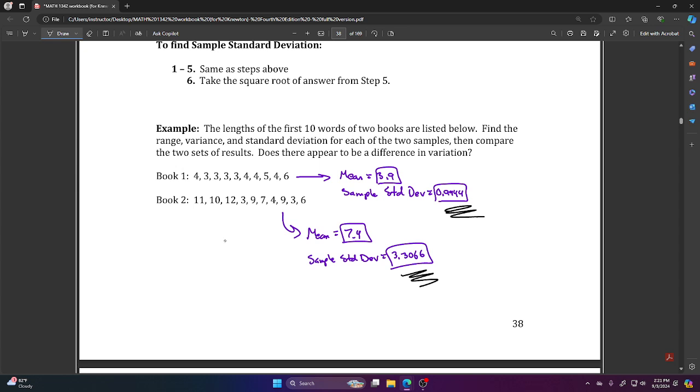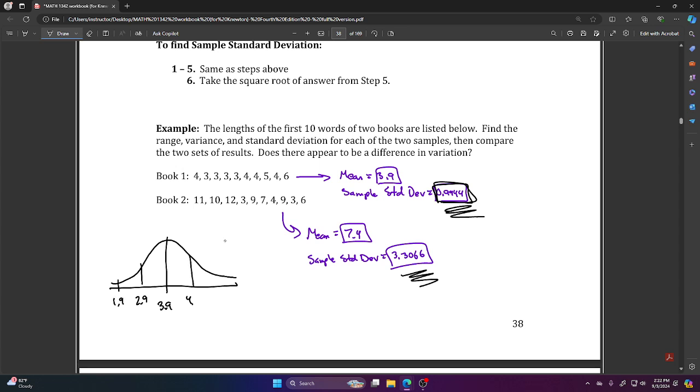So what does it mean then? I have an average that's 3.9, so 3.9 letters per word. Kind of small. But what does it mean to have only 0.99 standard deviation? Can I draw a little bell curve for you? I got 3.9, and let's just call the standard deviation 1, for ease of use. So 2.9, 1.9.